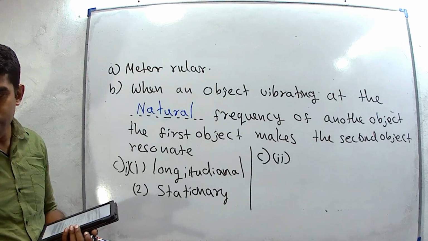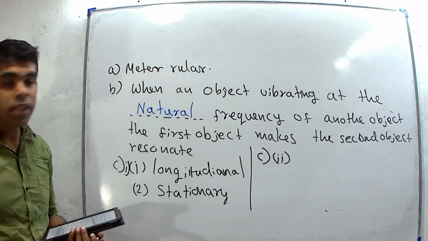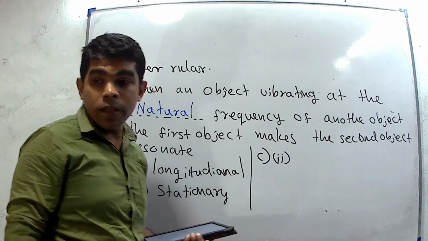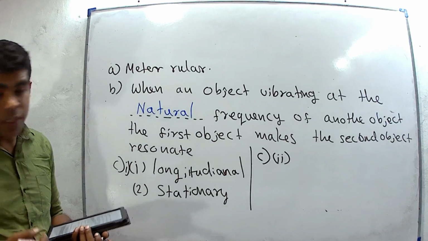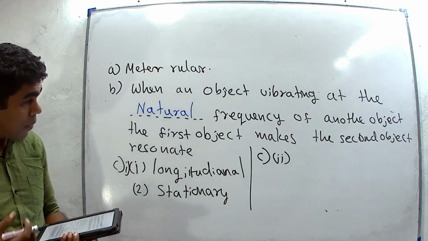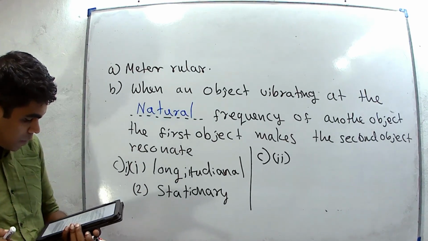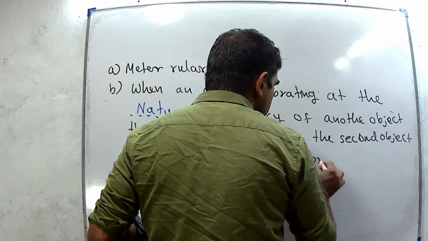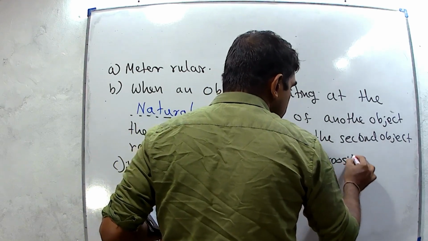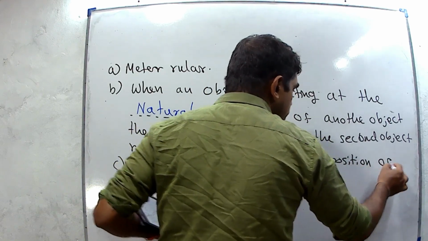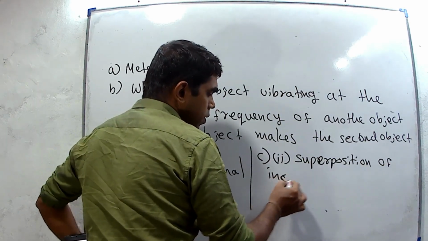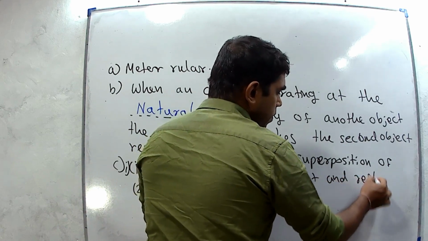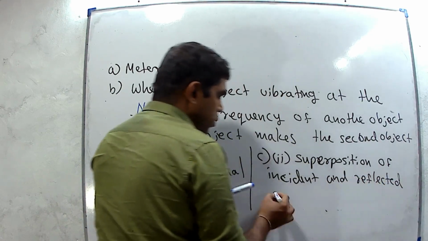First one is the incident wave, second one is the reflected wave, and they combine by superposition. It makes a corresponding stationary wave. Then we can write superposition of incident and reflected waves.